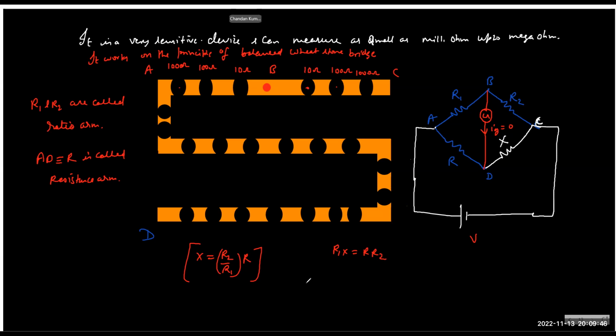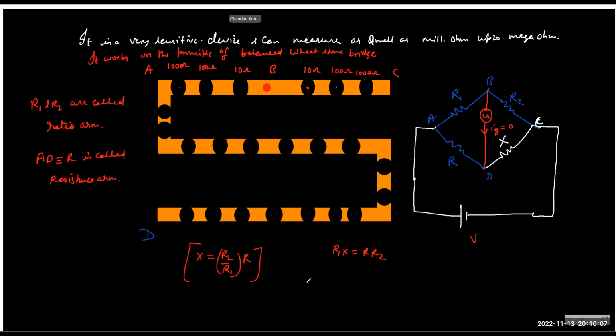Do you realize what I'm saying? If I plug R2 of 10 ohm and R1 of 1000 ohm, R2 by R1 becomes 1 by 100. And if I plug only 1 ohm from the remaining part, then R is 1 ohm.